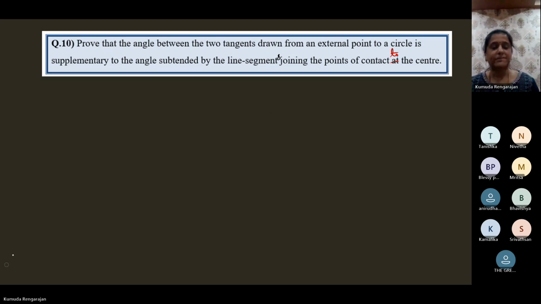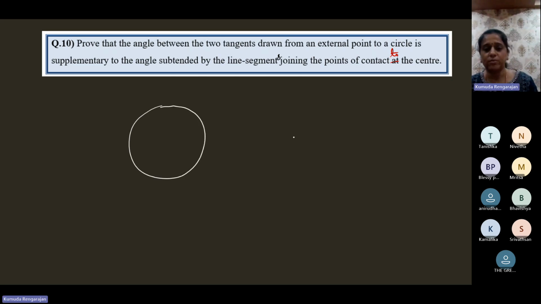Okay. So here, circle. External point. Tangents from the external point. This is the angle between the two tangents. This is one part. Then points of contact.